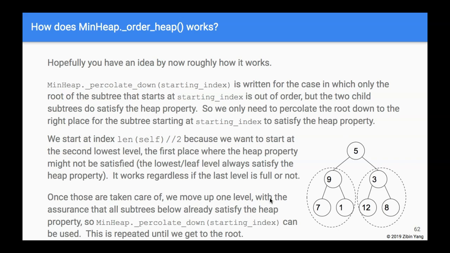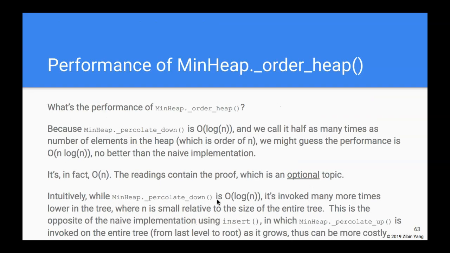So hopefully that makes sense, and if not, think through it again, and if still not, please do ask questions in the discussion forum. So the next question is, what is the performance of building the heap with this approach? This approach uses percolate down a lot, and as we've discussed earlier, percolate down is O of log n, and the number of times that we call it is about half the number of elements in the heap.